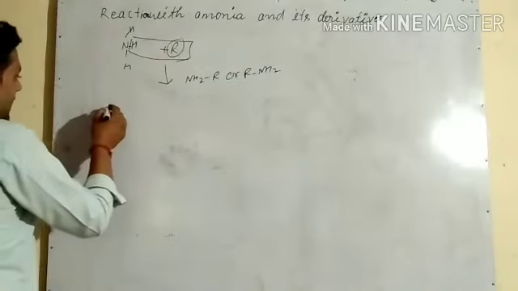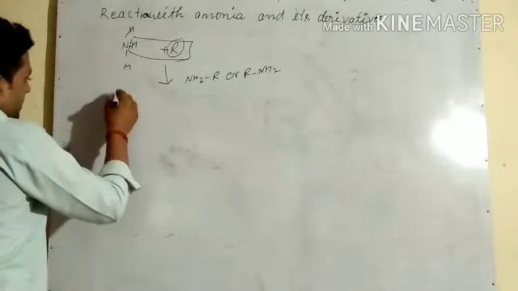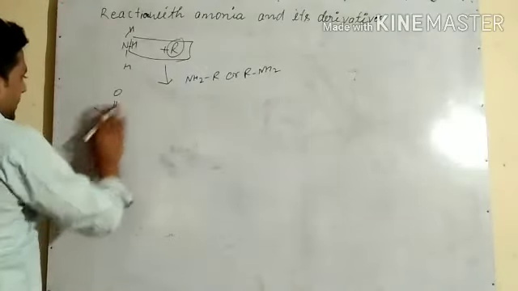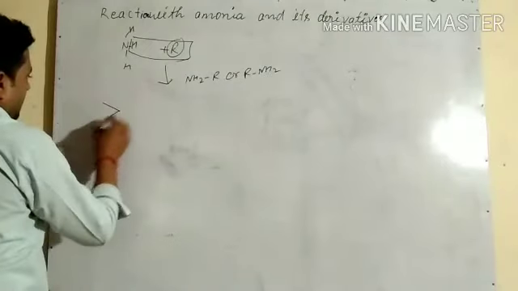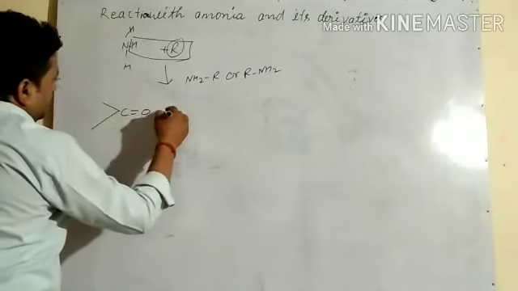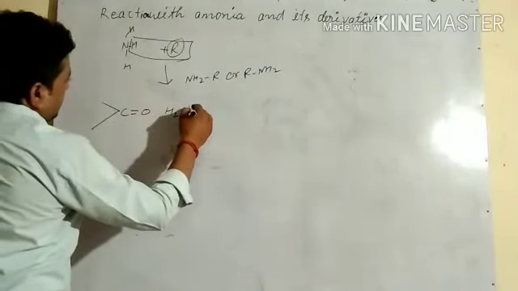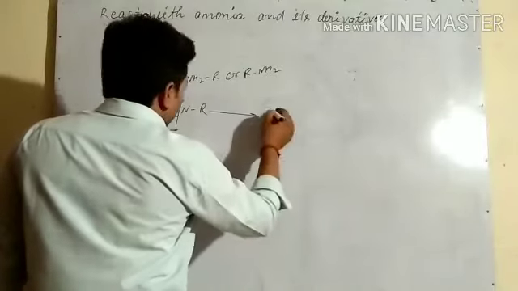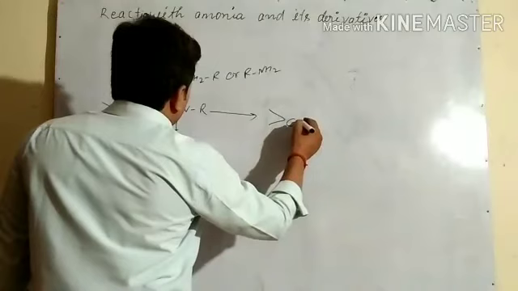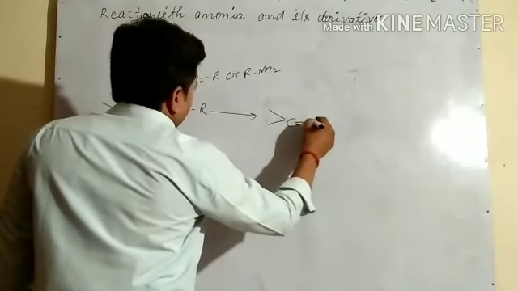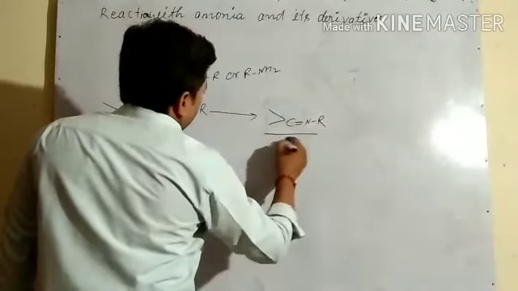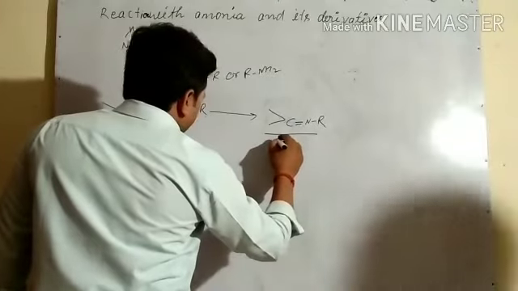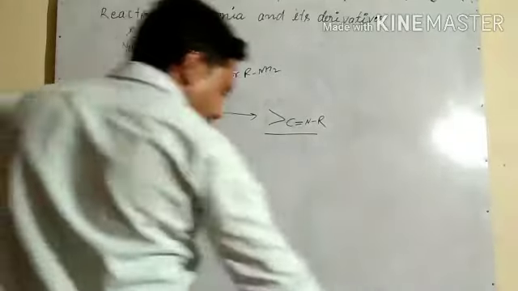So aldehyde or ketone, we can show like this. Okay. It reacts with this and forms this product. This is called Schiff base.